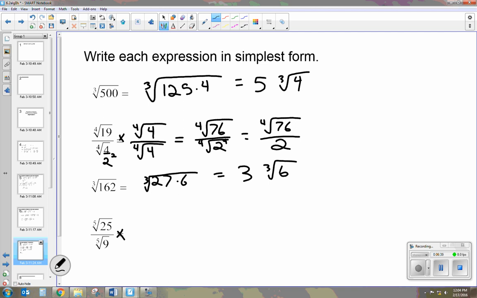That's 3 squared, which means we need 3 more 3's in order to pull out a fifth root. So we're going to multiply by the fifth root of 3 cubed over the fifth root of 3 cubed, which then leaves us with the fifth root of 675 over 3.